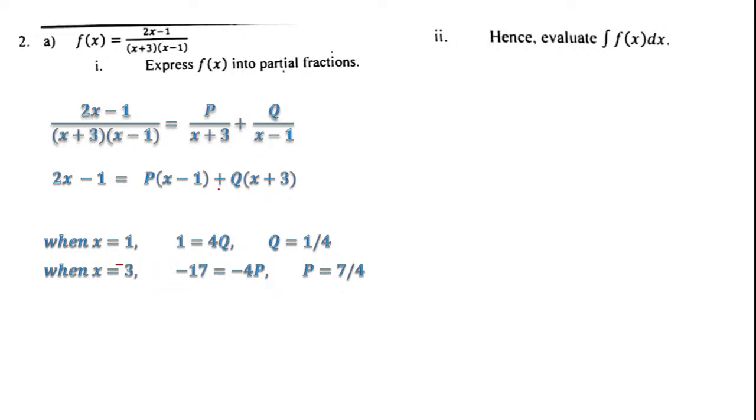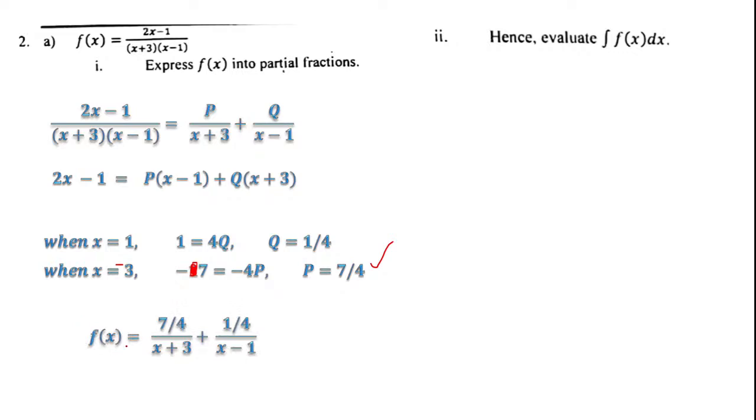So we have minus 7 on the left hand side. On the right hand side, the first term will not be there, and we are left with minus 3 minus 1, which is minus 4p. So minus 7 is equal to minus 4p, and from here p will be equal to 7 on 4.